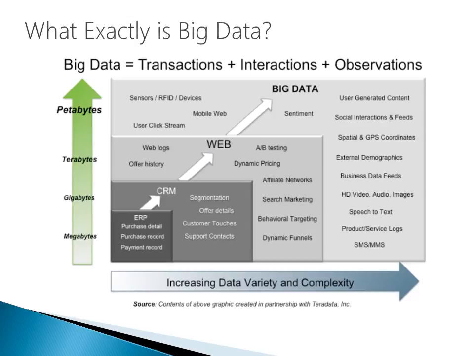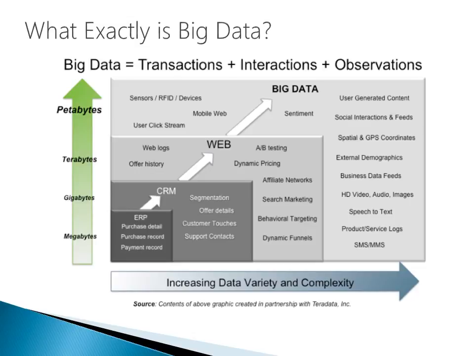This graphic, I think, helps to explain the evolution of data in an organization. So when we're talking about ERP systems and systems to manage your business processes, they're usually in the size of megabytes or gigabytes. But when you start expanding beyond your ERP system into your CRM system, the data grows.